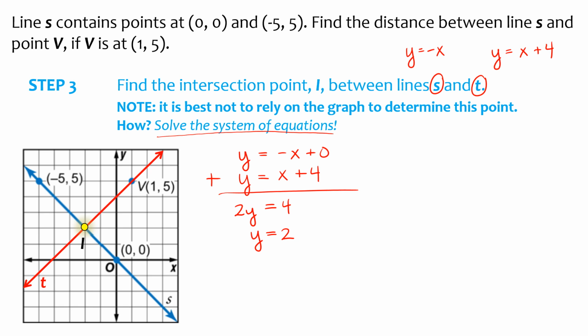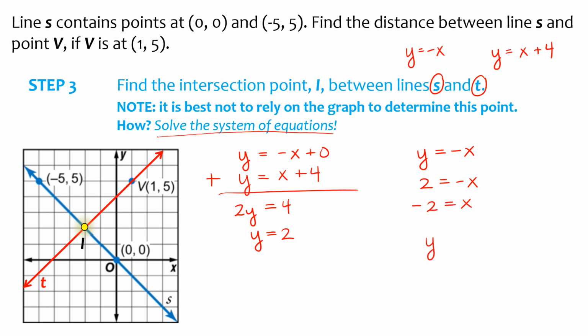Okay, we can then plug y back in to either of our equations in order to figure out the x-coordinate. We need both the x and the y. So if we say y equals -x, well, 2 equals -x, meaning if I were to multiply both sides by -1, x is actually equal to -2.